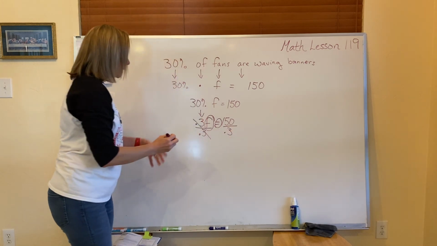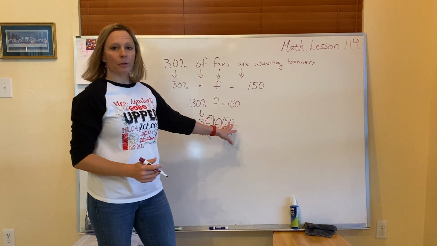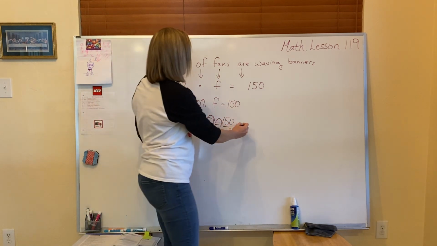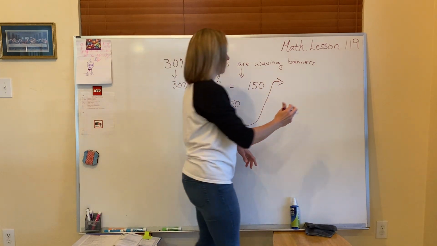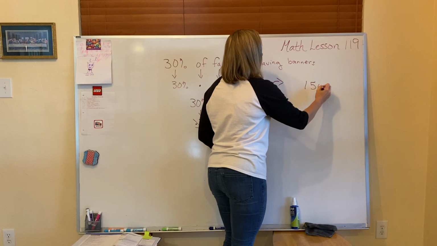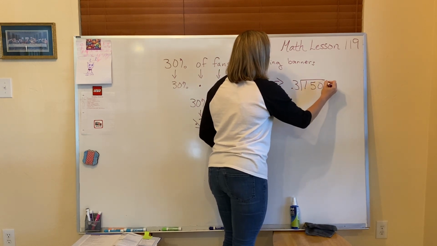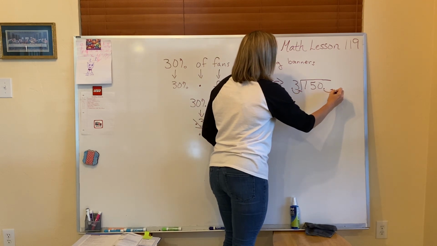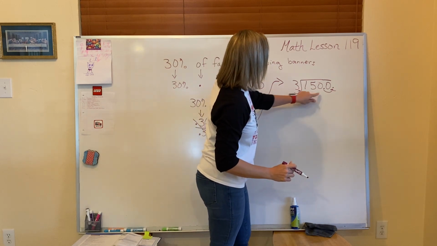So we divide both sides by 0.3. Now we have F is equal to 150 divided by 3/10. So we'll come up here a little bit and we'll do our division. 150 divided by 0.3. We have to move our decimal over one spot because we can't divide by a decimal.